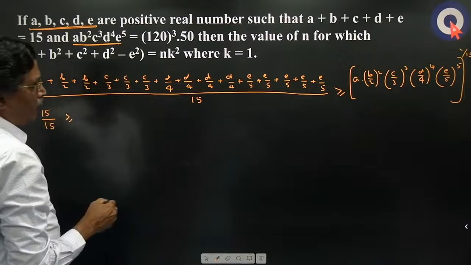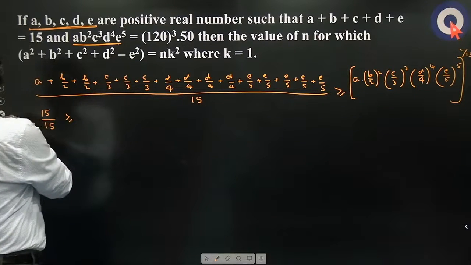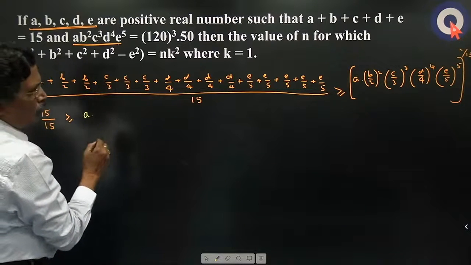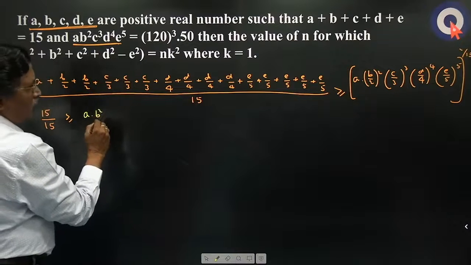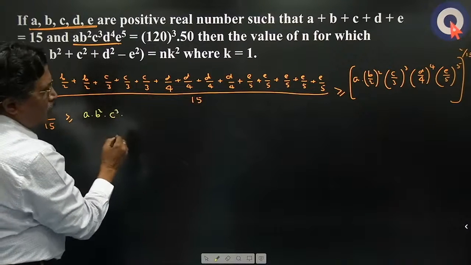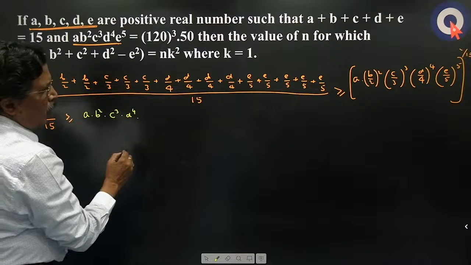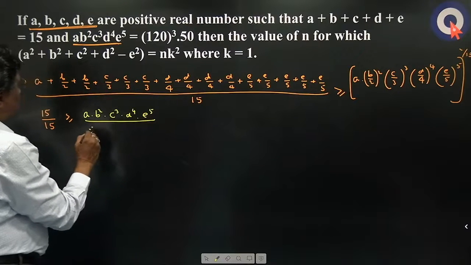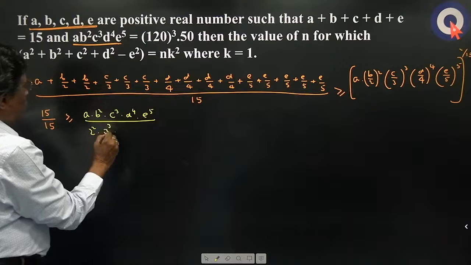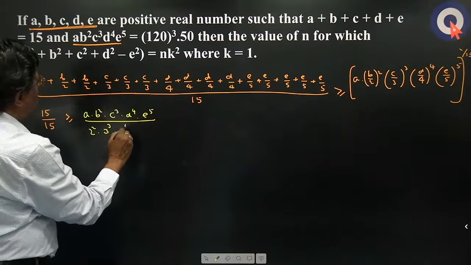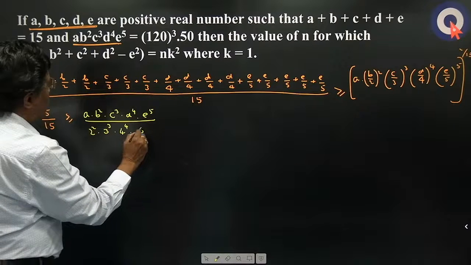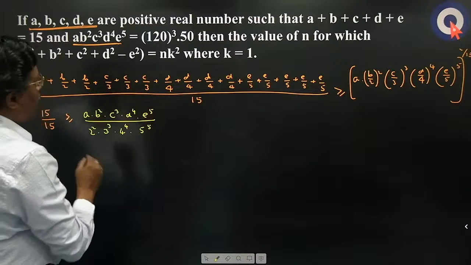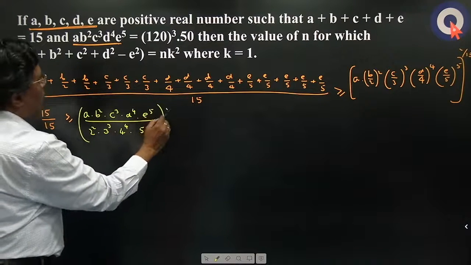Now we shall see that side. You have there a b square c cube d power 4 and e power 5 divided by 2 square, 3 cube, 4 power 4, 5 power 5, whole power 1 by 15.